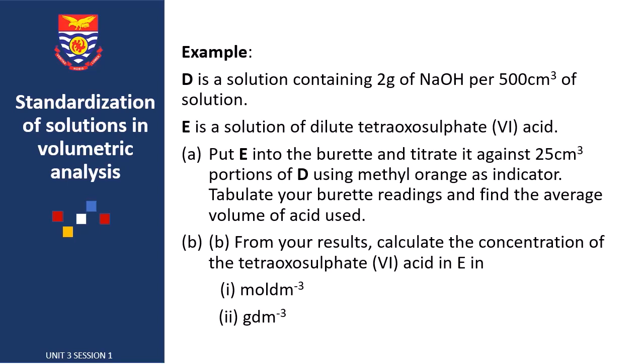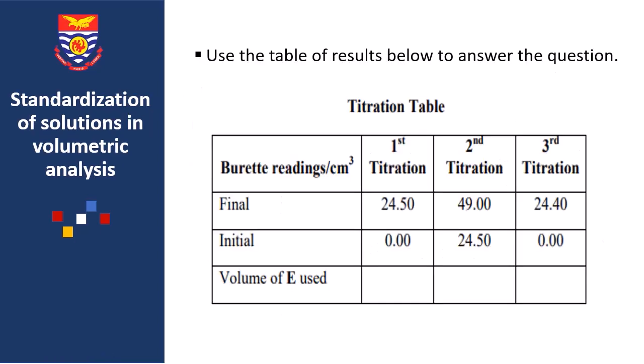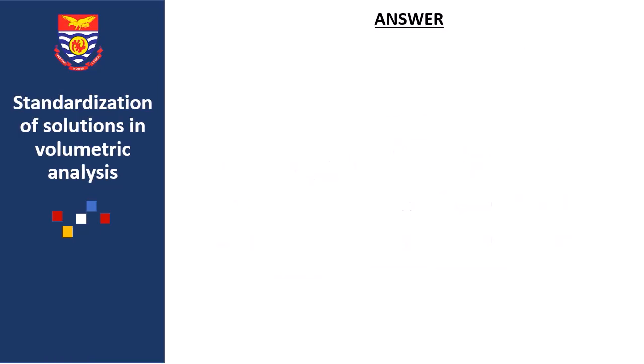Here, the acid is labeled as E, and we have to find the amount concentration and the mass concentration. We have this table as the values recorded from the burette. The pipette volume has been given. So to do that, we need to complete the table first.